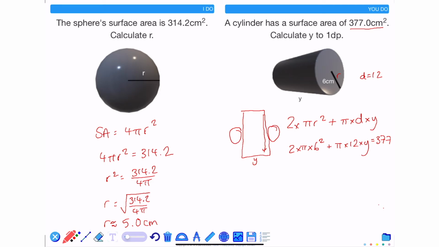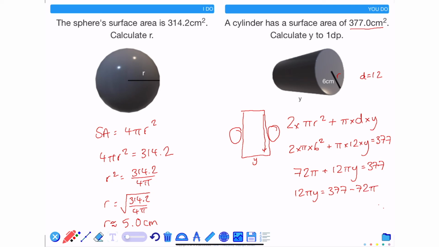Simplifying the left-hand side first of all, 6 squared is 36, times this by 2 will give me 72 pi. I'm then adding on 12 pi y is equal to 377. I've now got an equation that I can solve. So 12 pi y will equal 377 take away 72 pi.